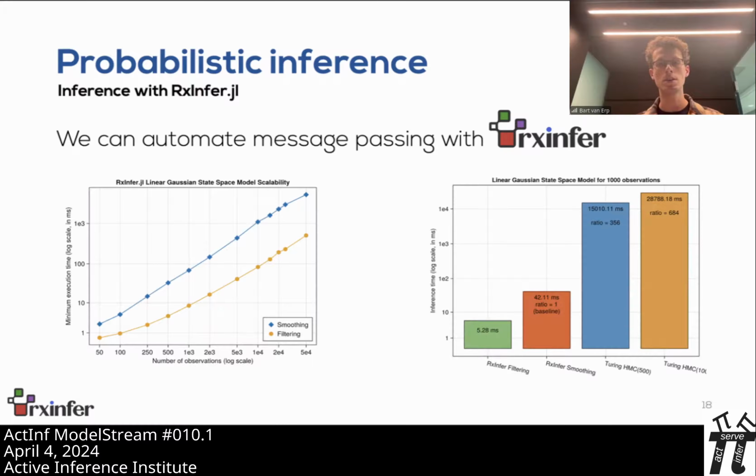But as you can see, the left axis is on the log scale, so we obtain significant performance improvements in comparison to the sampling-based methods. That's also why we are pushing for RxInfer, because it's just way more efficient to perform these computations with message passing in comparison to sampling-based methods.